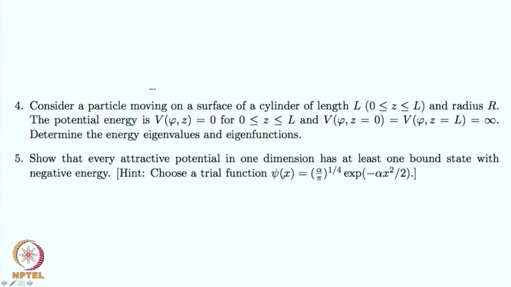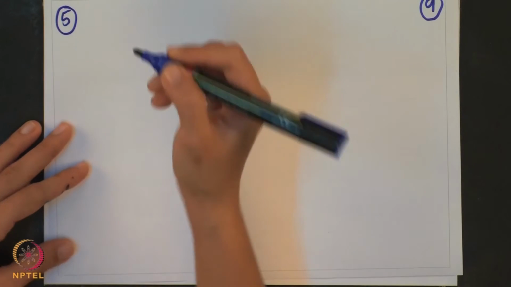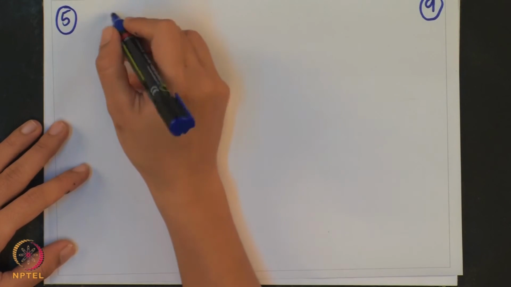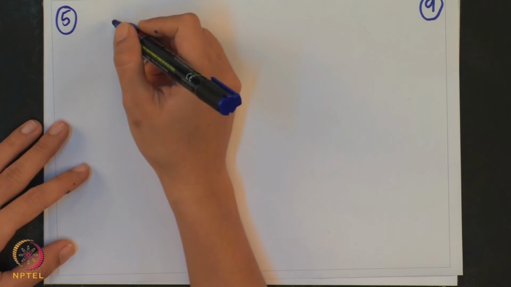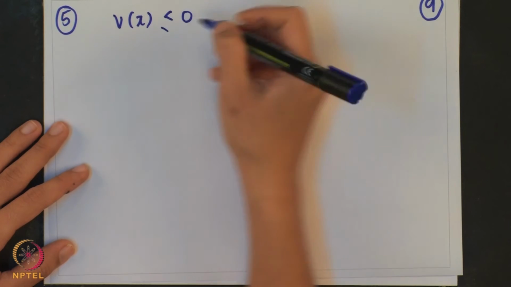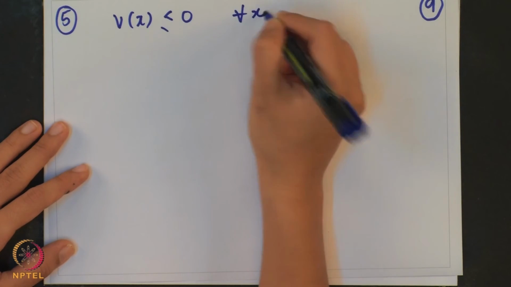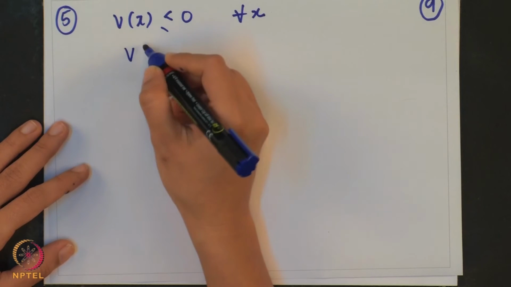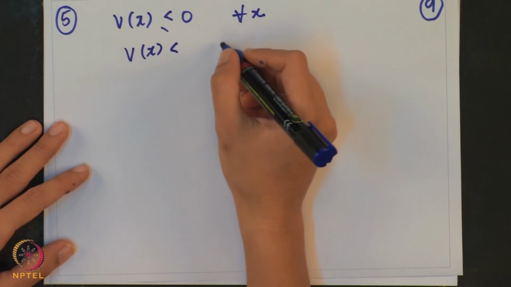So, the fifth question you can start by taking V of x less than or equal to 0 for all x, and V of x less than 0 for some x.